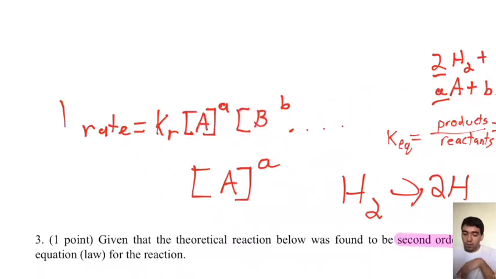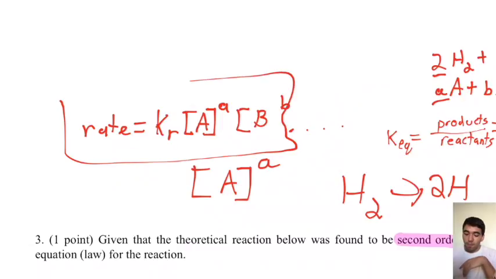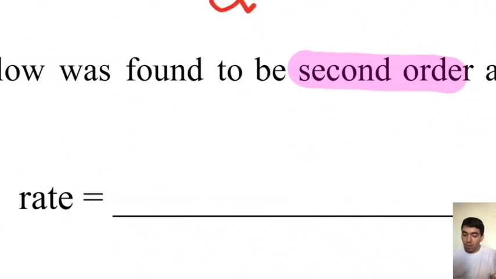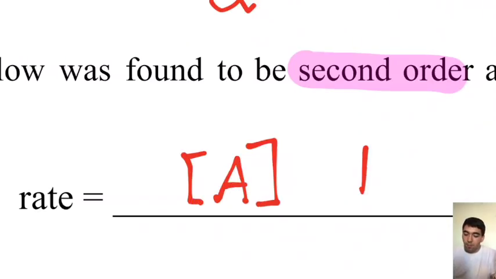It has 2 molecules, it's bimolecular. We could have tri with 3 things, and we could throw in a C if we wanted to, raised to its coefficient. But since it's bi, we know right away we have a rate law of something like A times B. What we don't know are their coefficients.